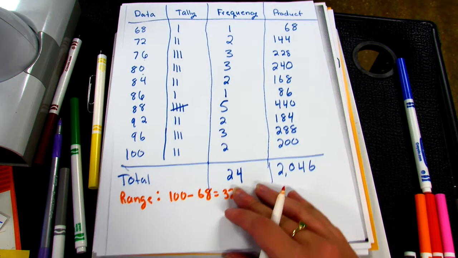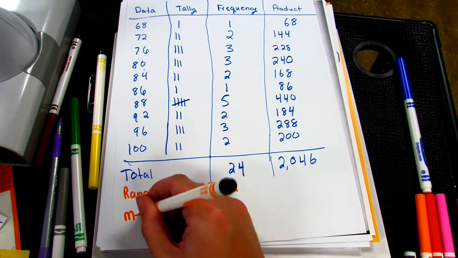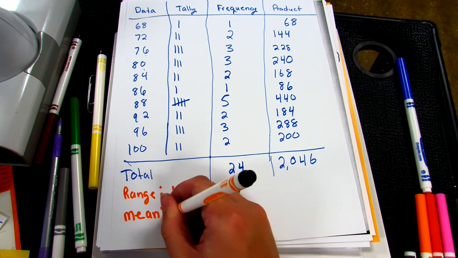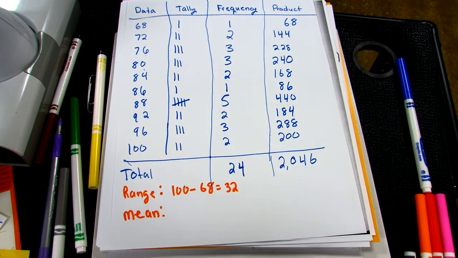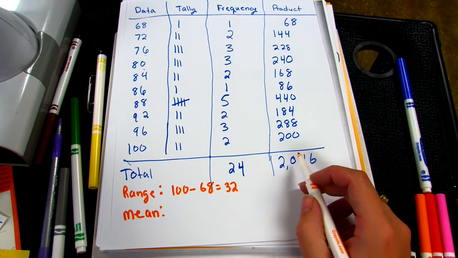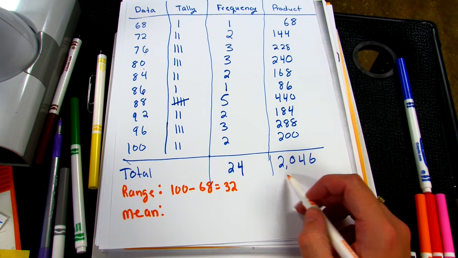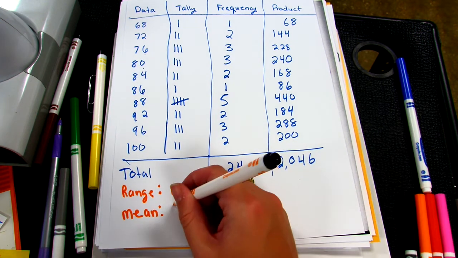Then our mean, our average, well, remember, mean is the total divided by the number of entries. Well, we know that our total is this right here, the product total.